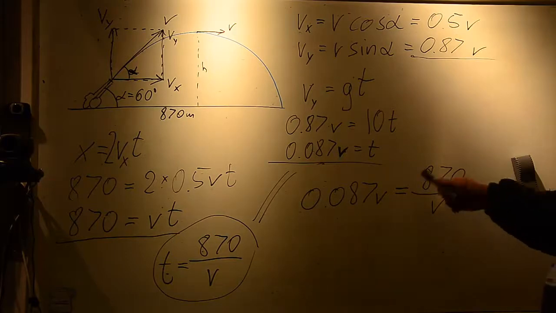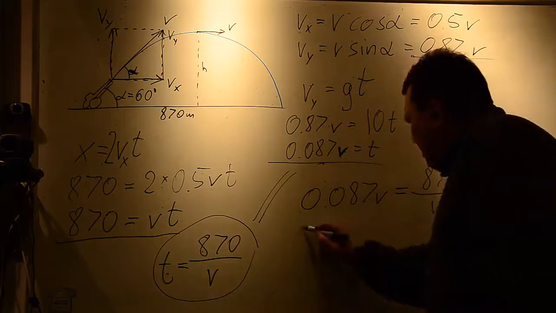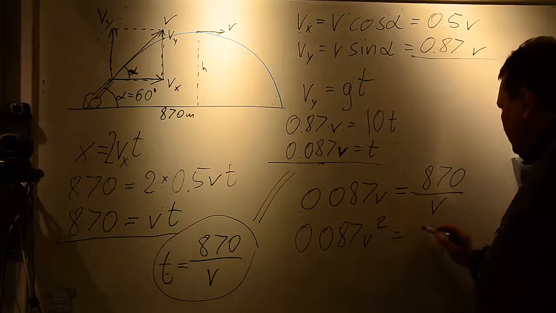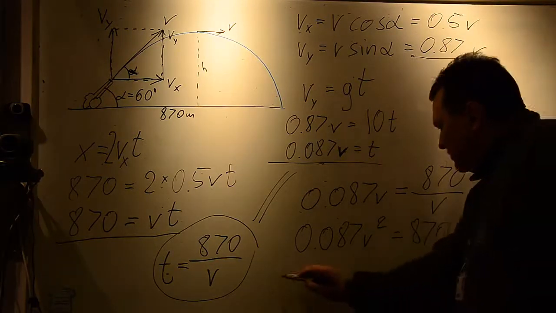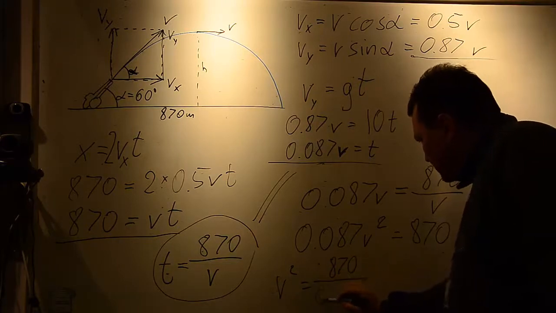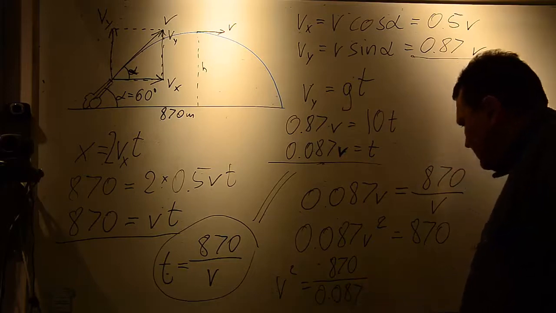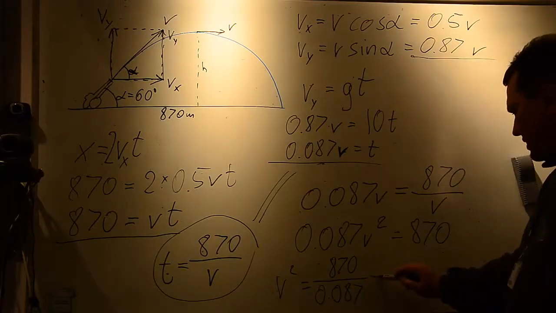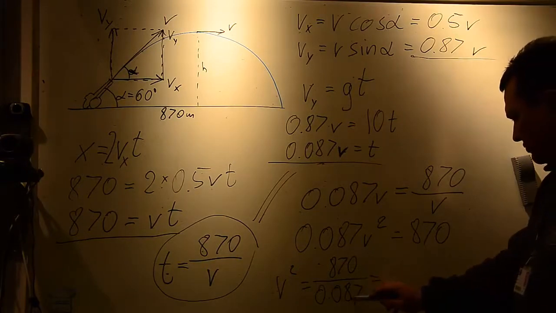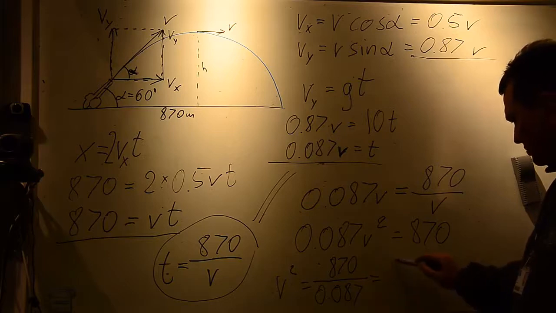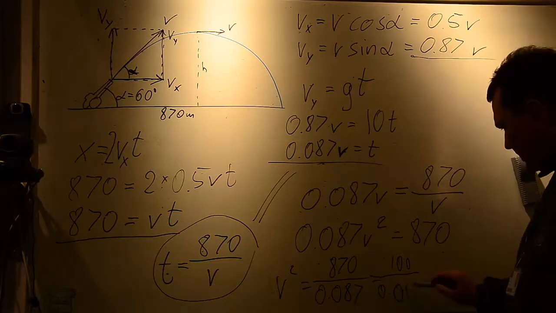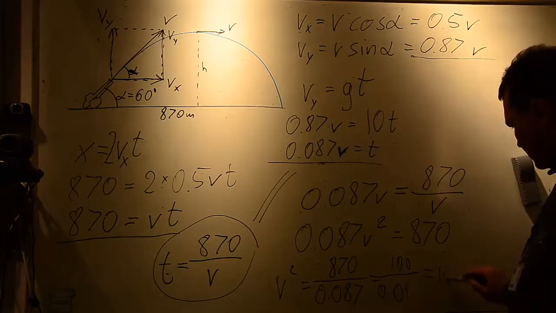I will multiply both sides by v, so I get 0.087v squared equals 870. So v squared equals 870 divided by 0.087. This is 870 divided by 8.7, it will be 100 divided by 0.87. 0, 1, it will be 10,000.